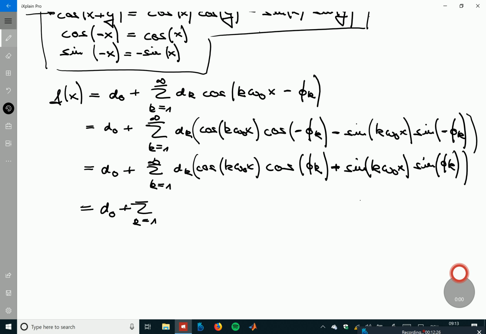So we now get fairly close to our real Fourier series. Actually, I'm also switching the cosine and sine terms, just changing the order of multiplication, because then it's easier to see.